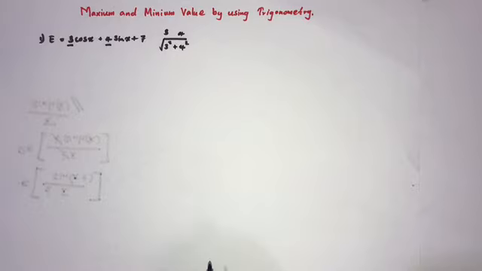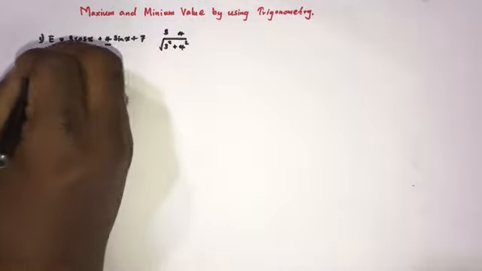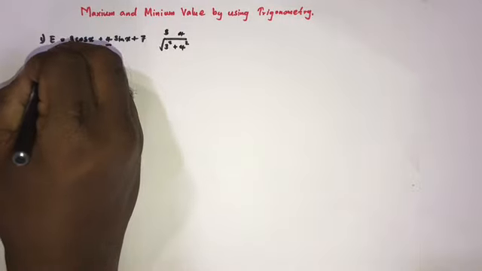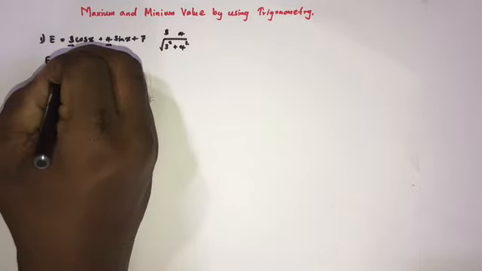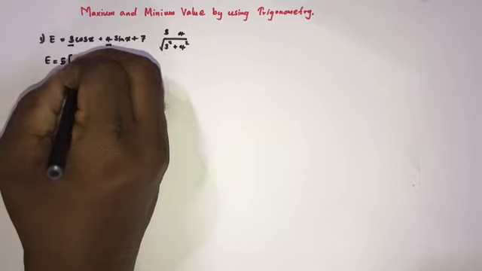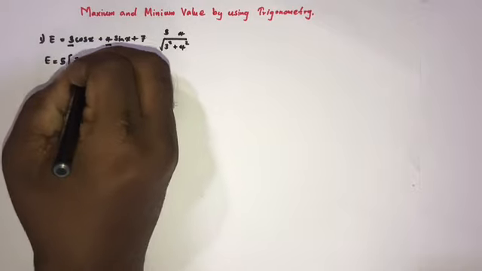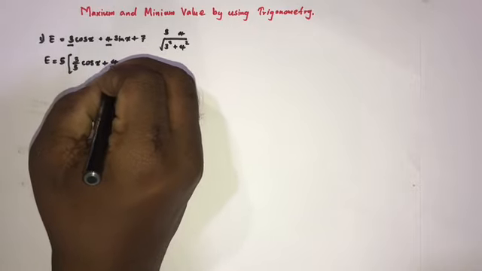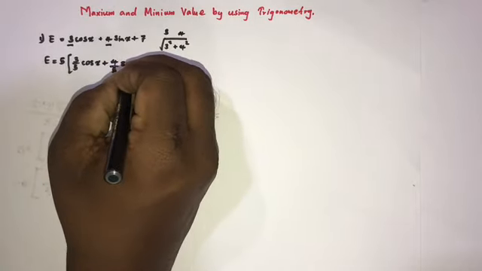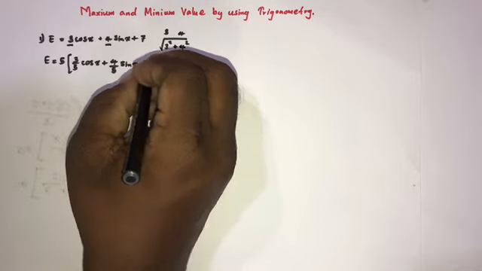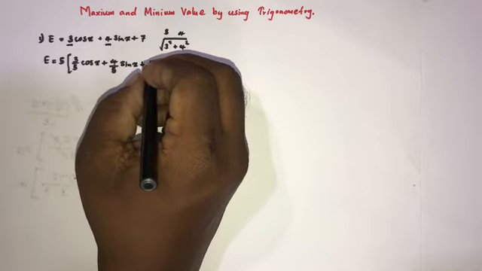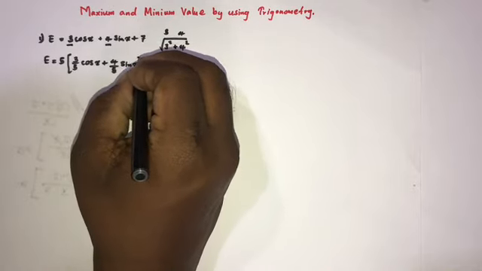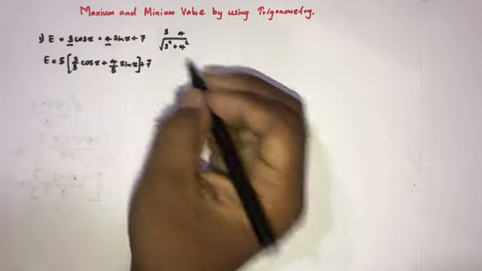The square root of 25 is 5, so we should divide by 5. So we can now write E is equal to 5 times (3 over 5 cosine of x plus 4 over 5 sine of x) plus 7.